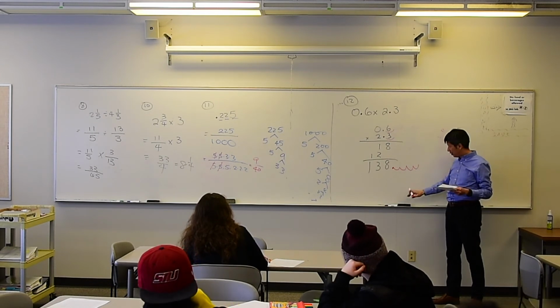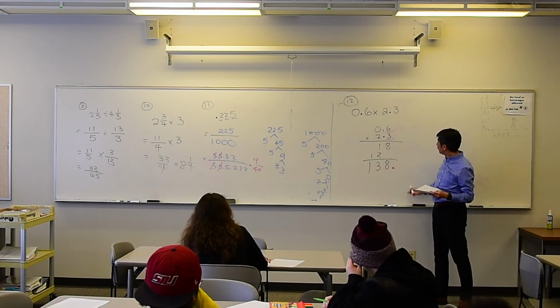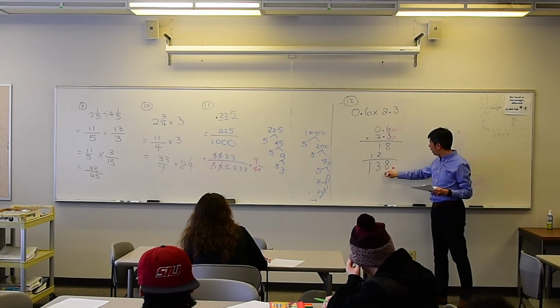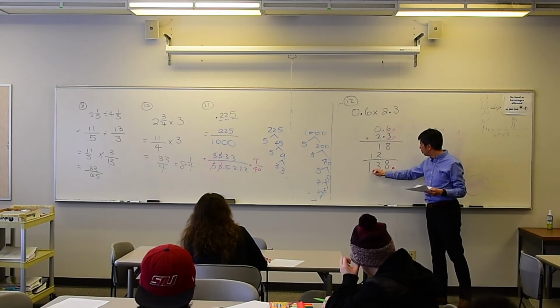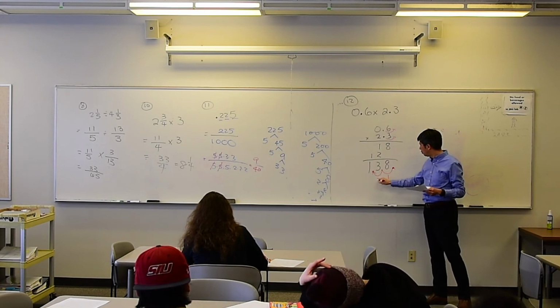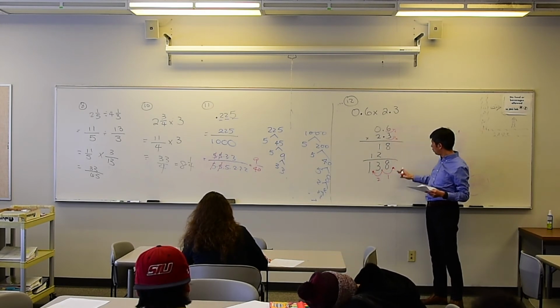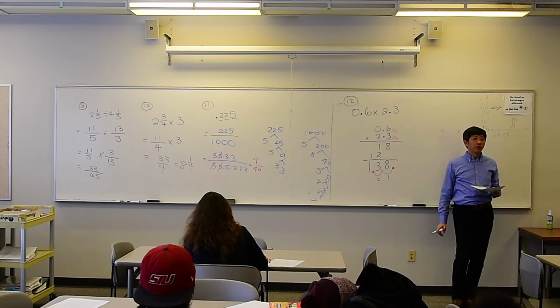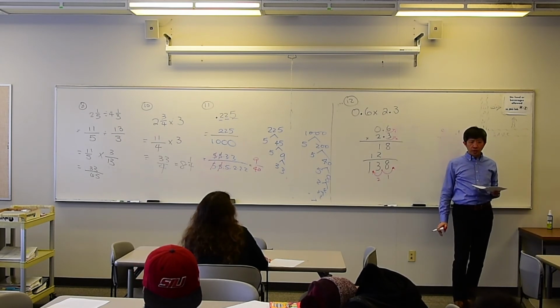So we count 1 and 2, and you count to the left for 2. So therefore you got 1.38, right?